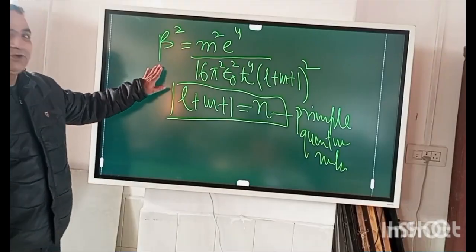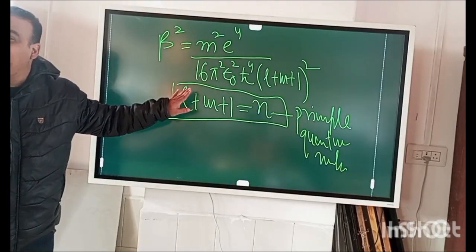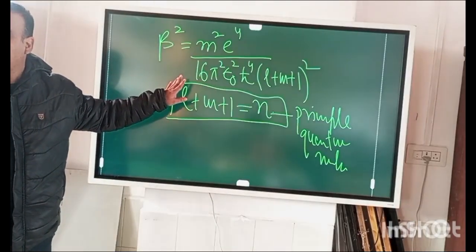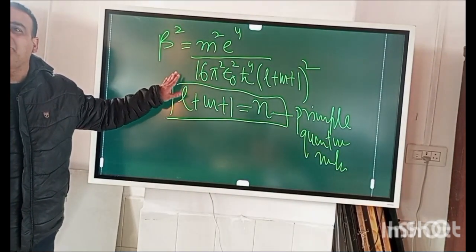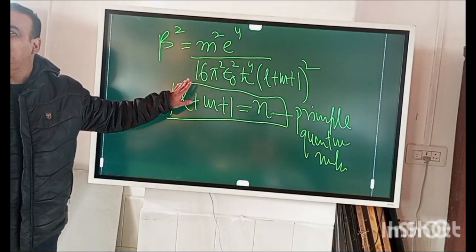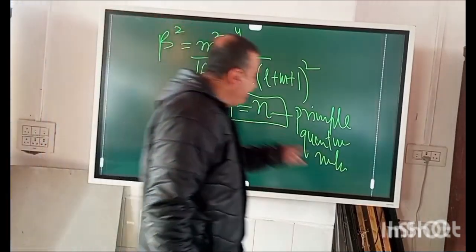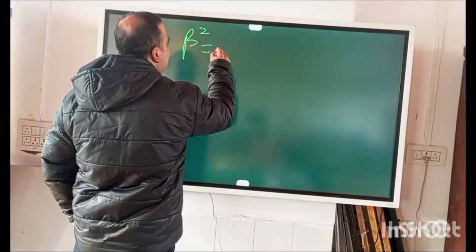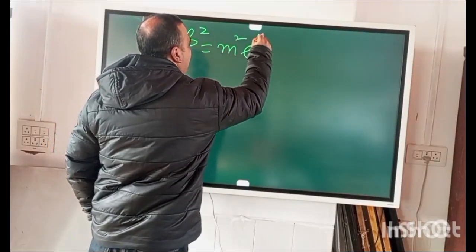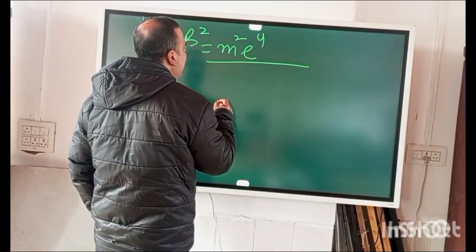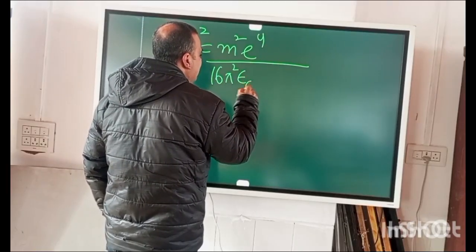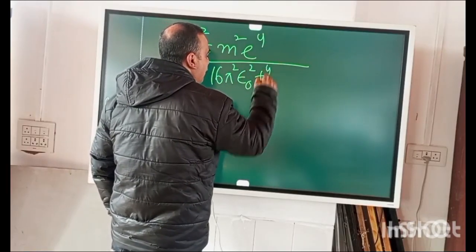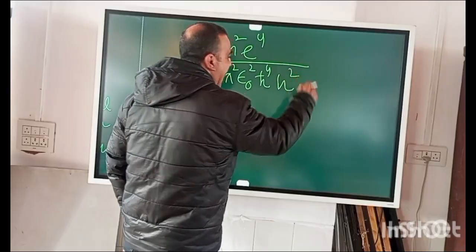So we are coming close to what was postulated by Niels Bohr. We are getting those things naturally by solving the problem of the hydrogen atom. So beta square will be m square e to the power of 4 divided by 16 pi square epsilon naught square h bar 4 n square.